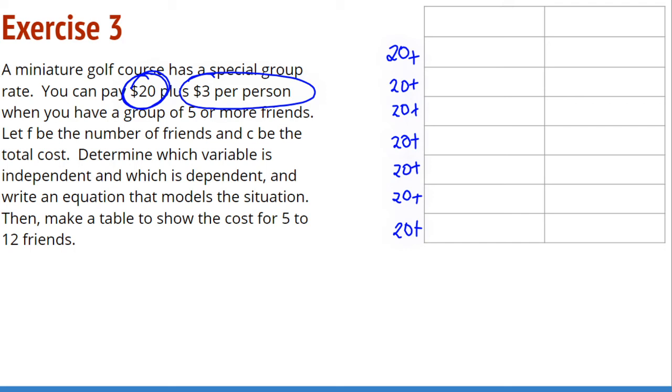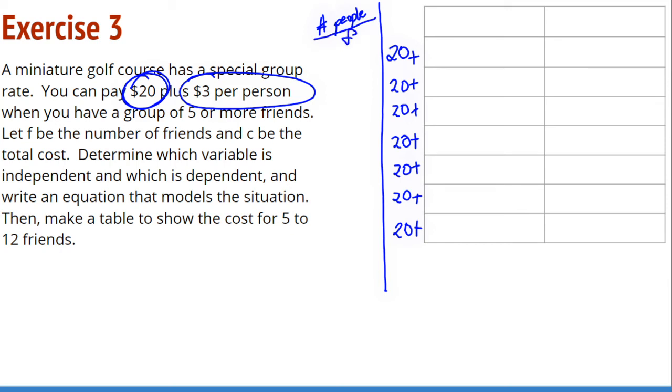Now it says it's $3 per person, so I'm going to add another column, which is the number of people. And F is supposed to be my number of friends.